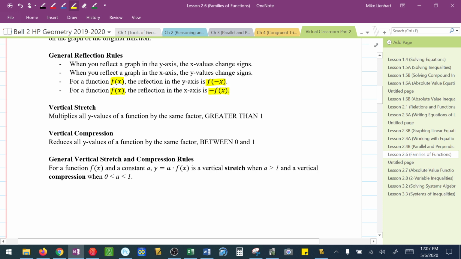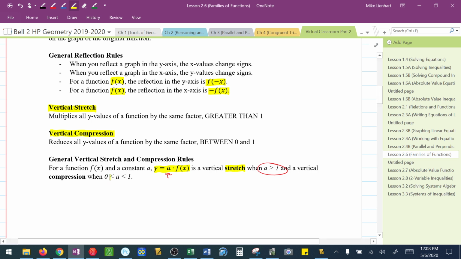Now, we also have vertical stretches and vertical compressions. The key for vertical stretches and compressions is simply this. When you're looking at a function, a times f of x, that a value tells the story. That number in front tells the story. If a is greater than 1, it's a stretch.